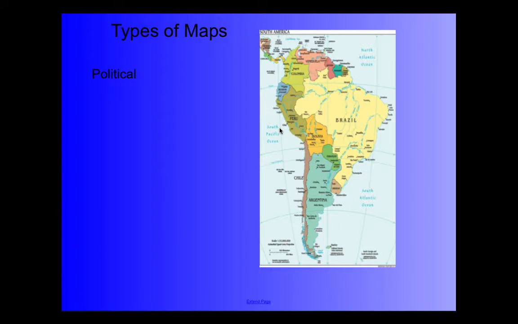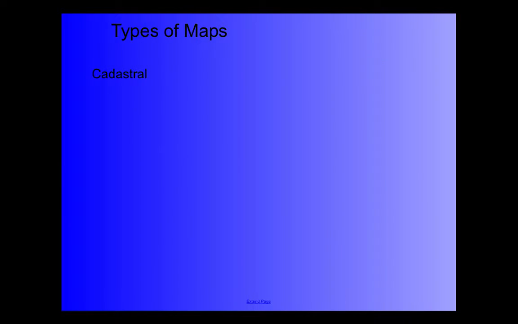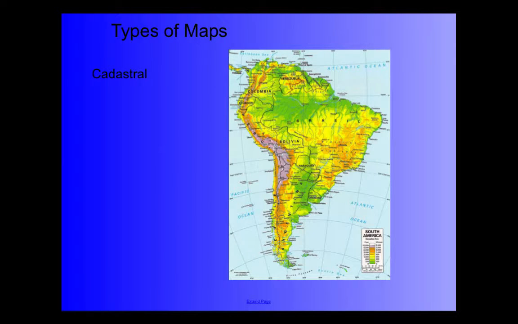When you join a physical and a political map together, so put both of those lots of information together, you find a map that's called a cadastral map. We don't hear of this map very often, or the word used for this map, but here's an example of the information that we've just looked at in South America in terms of the natural features, and you can see some of the elevation here.